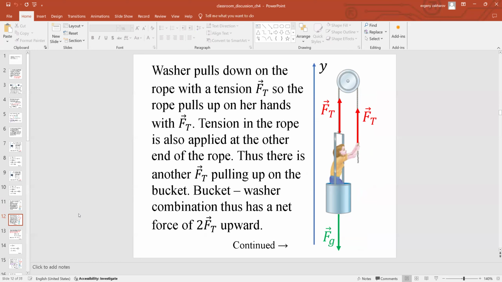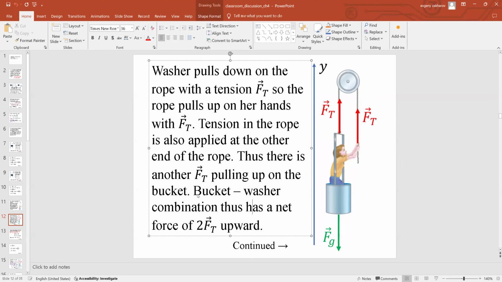So here is the diagram with forces. You can see that there is tension in this cable, in this rope or cord. But the washer is pulling her on the other side as well. So you have another tension in the opposite cord as well. So the bucket washer combination has double force, which is a very rare occasion.